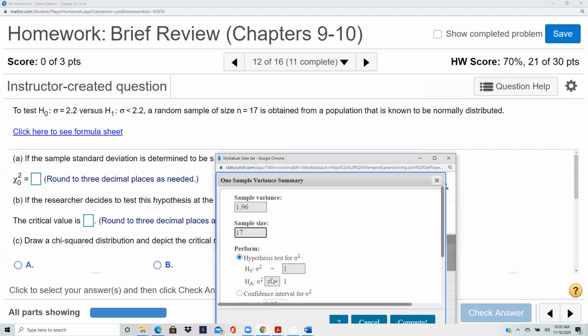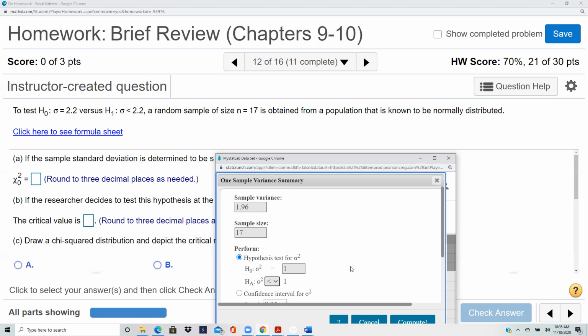So what goes in the hypothesis test? It'll be less than and 2.2. Really? 2.2?